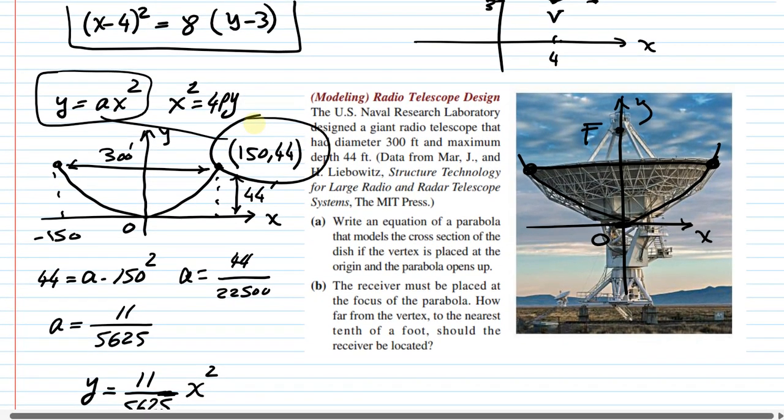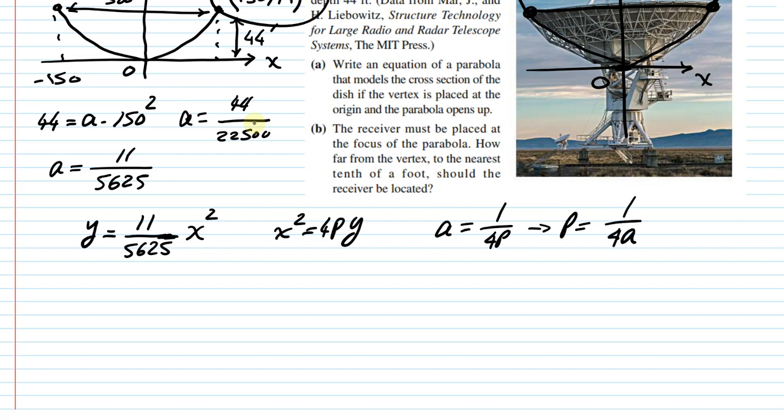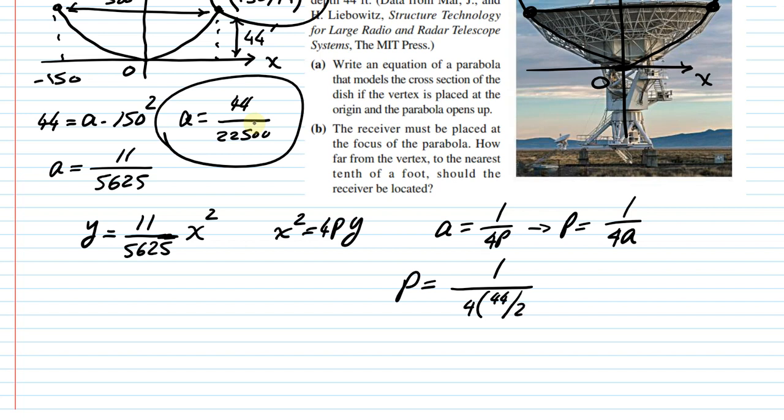Or if you go into x squared equals 4py, you can also do that. Remember, a is 1 over 4p. So from this, we get p is 1 over 4a. That would be 1 over 4 times 44 over 22,500, right?